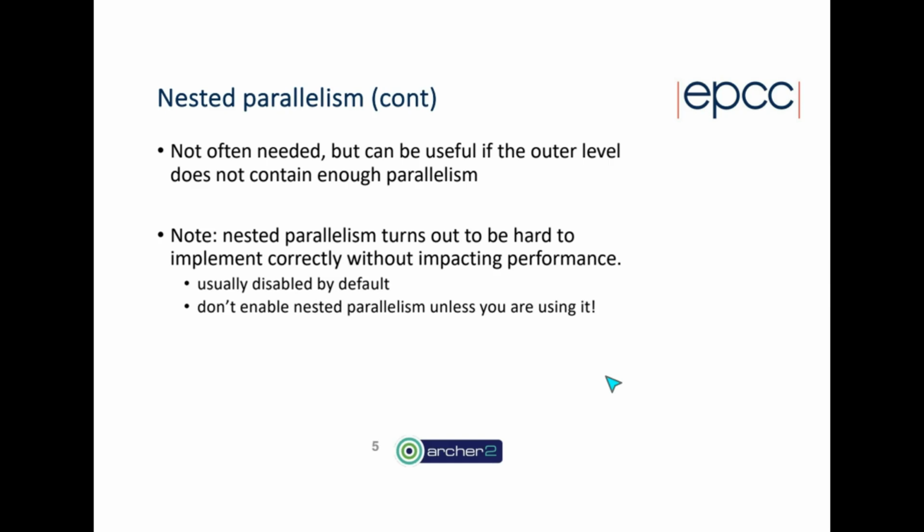And you shouldn't enable it unless you're actually using it, because it does cause some additional overheads. The possible existence of multiple teams executing concurrently requires a bunch more bookkeeping and potentially synchronization inside the runtime that you don't need if you just have one level of parallelism.